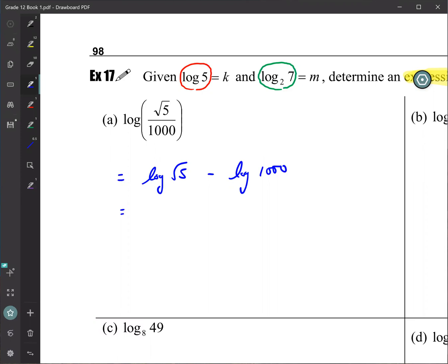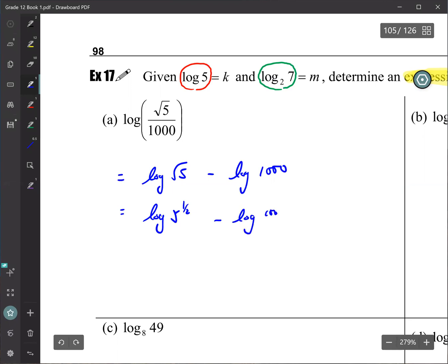How can I apply the rules so then the log 5 can appear? Make it like 5 to the power of 1/2. Okay, so write it as exponent, okay?